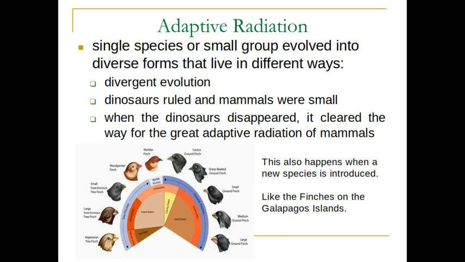And so you get individuals that are perfectly adapted for a certain niche. Dinosaurs ruled, mammals were small. But when the dinosaurs disappeared, the adaptive radiation of mammals was opened up. They could take over the space that the dinosaurs had originally occupied.